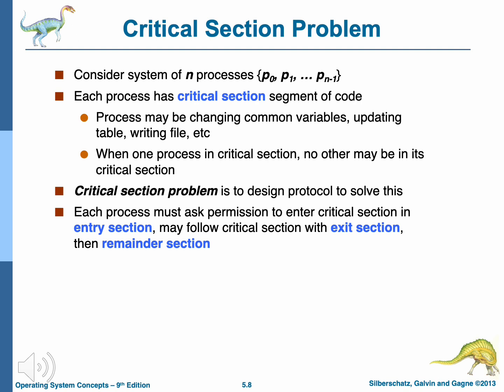The critical section problem is to design a protocol that the processes can use to cooperate. Each process must request permission to enter its critical section. The section of code implementing this request is the entry section. The critical section may be followed by an exit section. The remainder code is the remainder section.